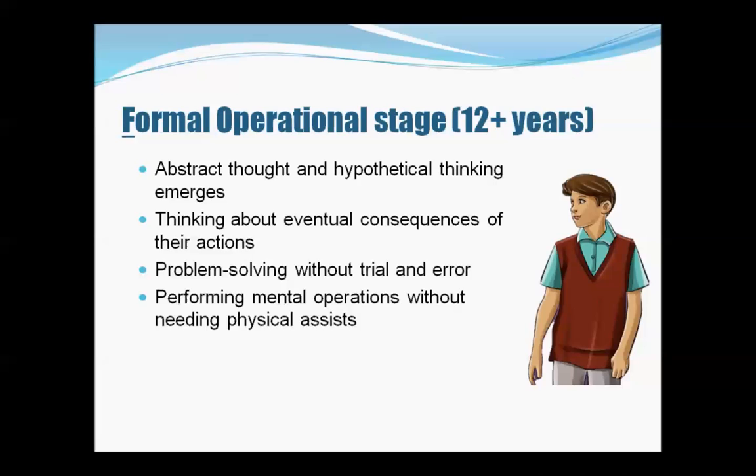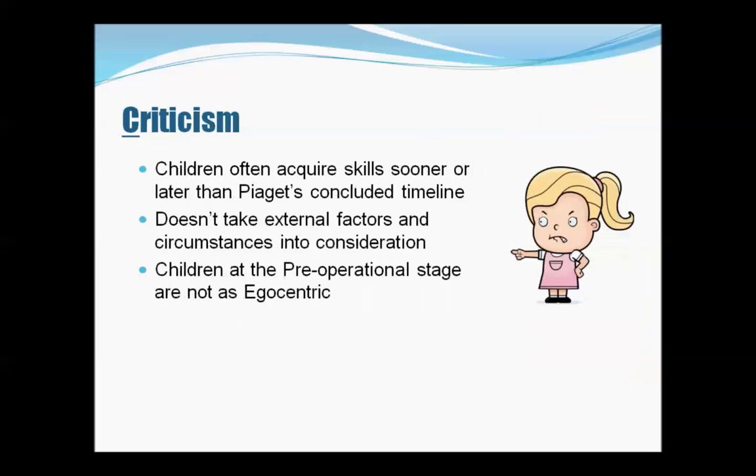So, a very popular theory, Piaget's theory of cognitive development, laid a foundation in various ways, but there are various criticisms of it. Firstly, children often acquire these skills a lot sooner than Piaget actually concluded in his theory.